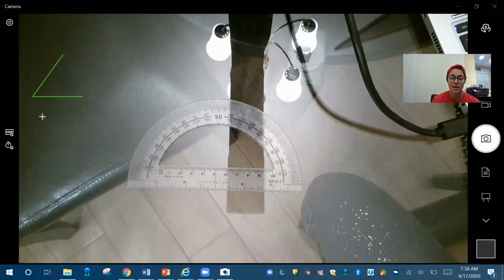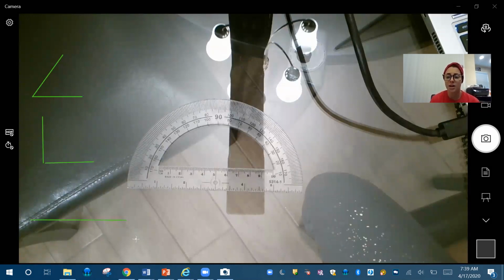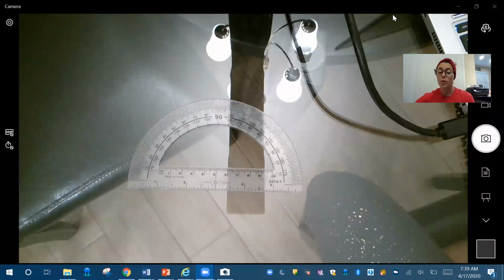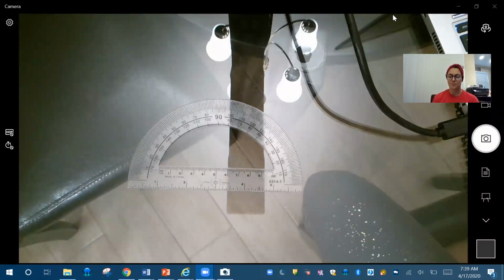We have the 90-degree angle, which made that perfect L shape like the corner of a sheet of paper. And we had our 180-degree angle, which was a straight line. We're going to talk today about how we would measure those angles using a protractor, how we are going to use the protractor to read for numbers and how we'll draw with it.